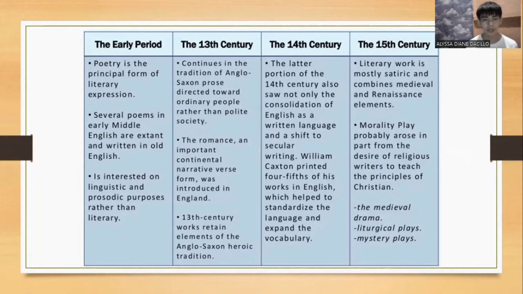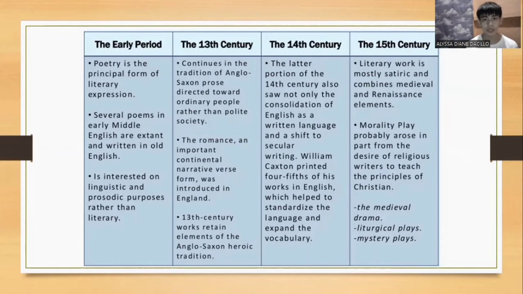In the 13th century, writing continues in the tradition of Anglo-Saxon prose directed toward ordinary people rather than polite society. The Romance, an important narrative verse form, was introduced in England. 13th century works retain elements of the Anglo-Saxon heroic tradition.